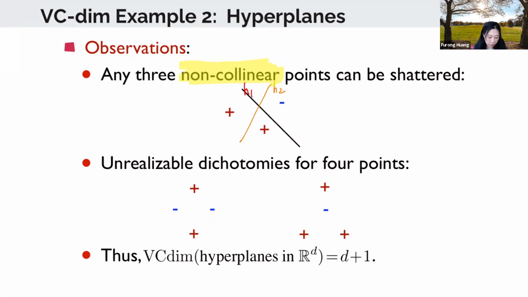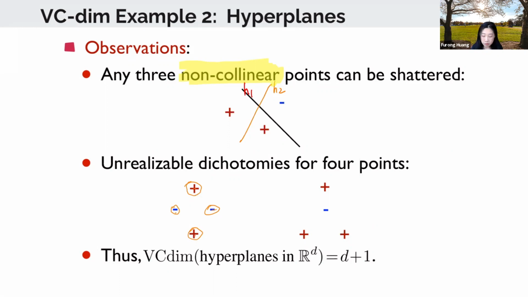I'm saying it is not very rich, because in this example, if I have 4 points like this, and they should be labeled as this one plus, this one minus, this one plus, and this one minus, I can't find any line that separates them so that one side of the line is positive and the other side is negative. So that's what I mean by my VC dimension cannot be 4 in this scenario.